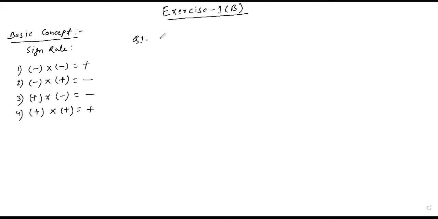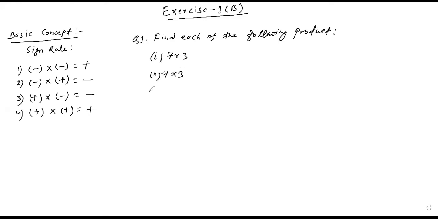Question number 1 says, find each of the following products. Number 1, 7 into 3. Number 2, minus 7 into 3. Number 3, 7 into minus 3.